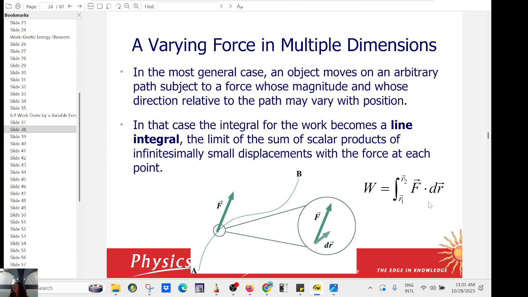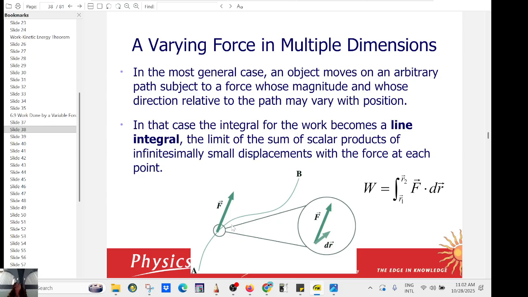So someone asked me a question, it's not here today, but if you go from A to B, and you apply a force, for each little segment, you have to decompose that path into small segments dr. And for each segment you need to find the parallel component of the force along that segment.